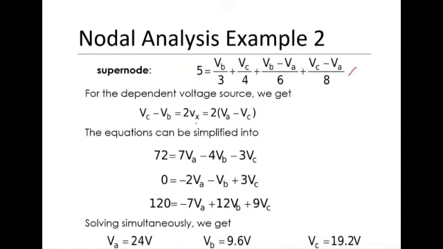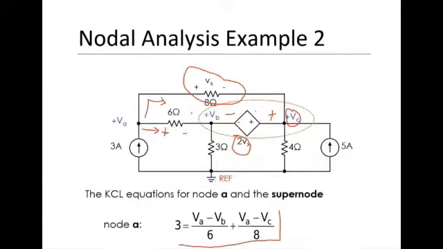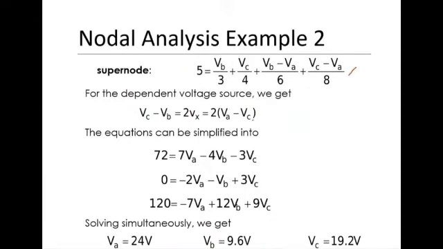But Vx is defined as this voltage right here, and this voltage has its positive side at VA and its negative side at VC. So therefore, Vx is equal to VA minus VC. You just need to substitute that into this equation, and we now have the same three equations and three unknowns. So it's still the same difficulty level. Just input it to your calculator and you'll get this equation right here.